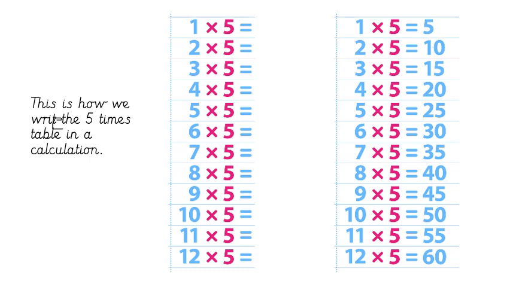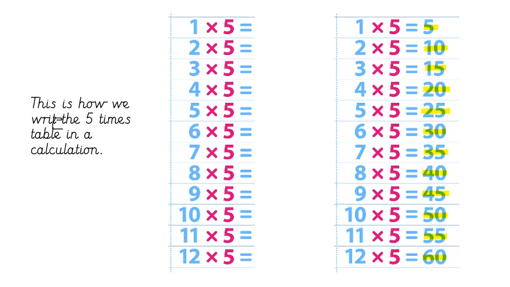So 1 times 5 is 5, 2 times 5 is 10, 3 times 5 is 15, 4 times 5 is 20, 5 times 5 is 25, 6 times 5 is 30, 7 times 5 is 35, 8 times 5 is 40, 9 times 5 is 45, 10 times 5 is 50, 11 times 5 is 55, and 12 times 5 is 60.